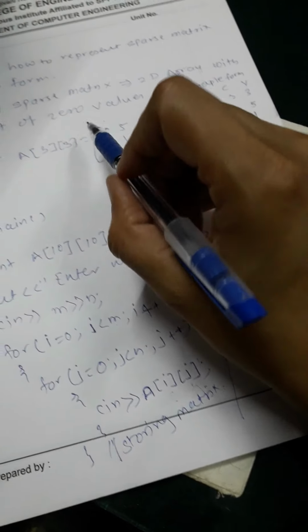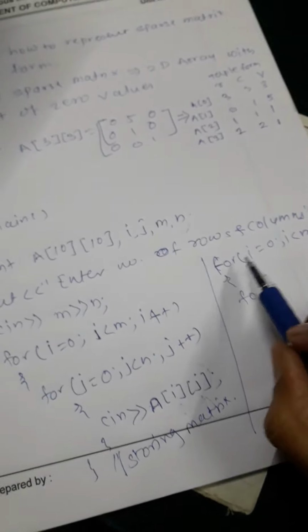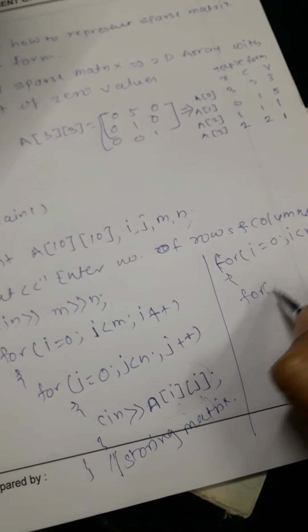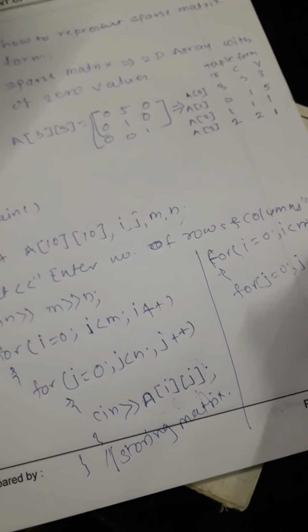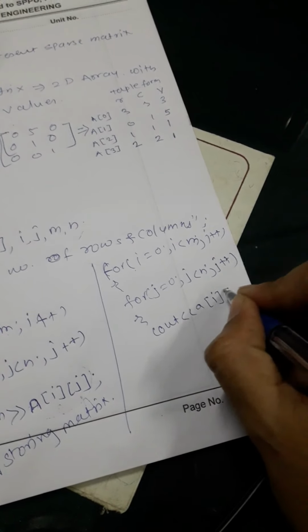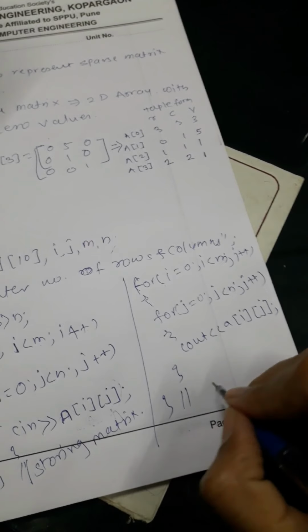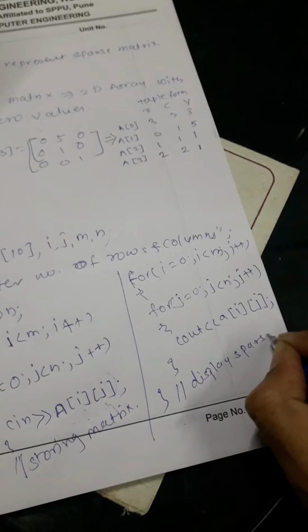That is, it will again read the elements row-wise. So we take the first for loop for the row, and then the second for loop for the column, j plus plus. In that, display cout a of i and j. So this code is for displaying the sparse matrix.